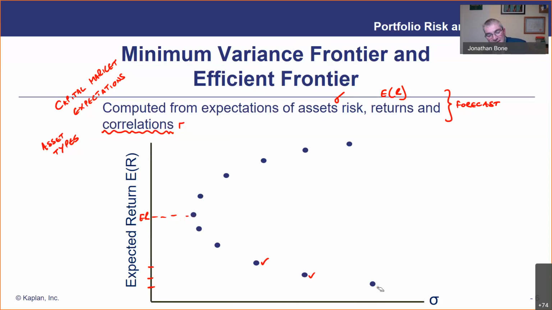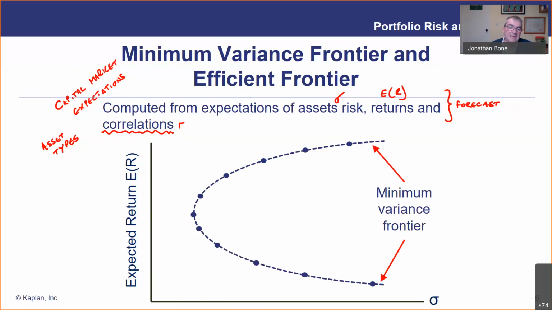All we're going to do is keep on setting expected returns and then using our computer optimization program to work out which combination of assets could generate that return at the lowest level of risk. Now, once we've done that, we can join them up with a line, and that line is known as the minimum variance frontier. It shows all portfolios that generate an expected return at the lowest level of risk.